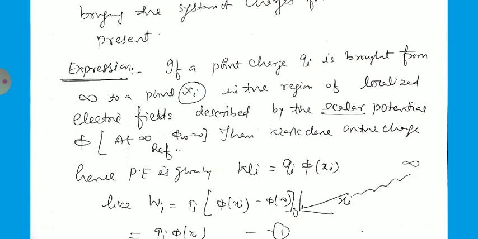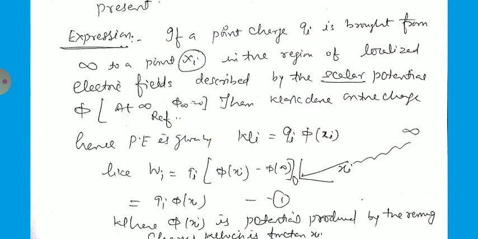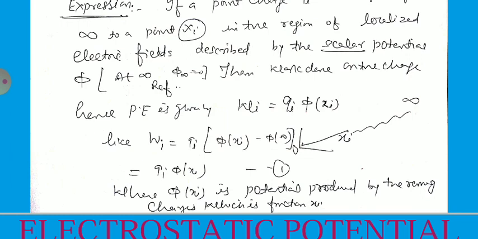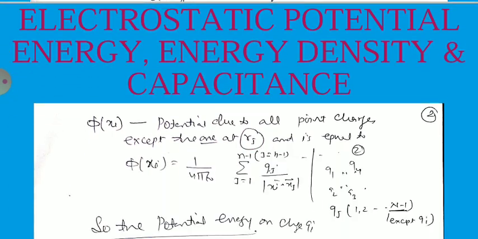So we can write Wi equal to Qi times phi(xi) minus phi(infinity), because the potential difference between two points is this, and we have considered infinity as the reference point where the potential is equal to 0. So W equals Qi phi(xi), where phi(xi) is the potential produced by the remaining charges, which is a function of xi.